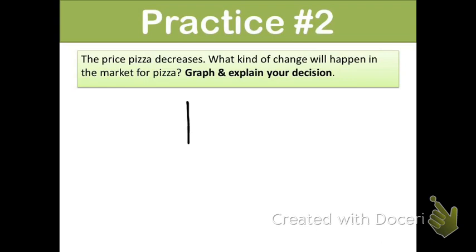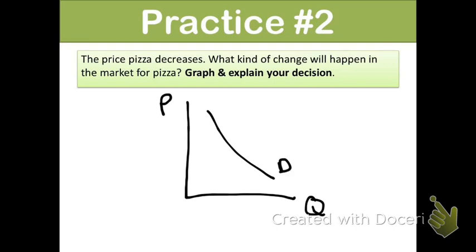All right, so here we go. We always set it up the same. We put our quantity, and we put our price, and we put our demand curve, and we call it D1. And now I'm looking at the price for pizza decreases, and what's the change in the market for pizza. And so I'm going to start off with my P1. If price decreases, I want to start up high. I'll be P1 here, and that brings us right down here at Q1.